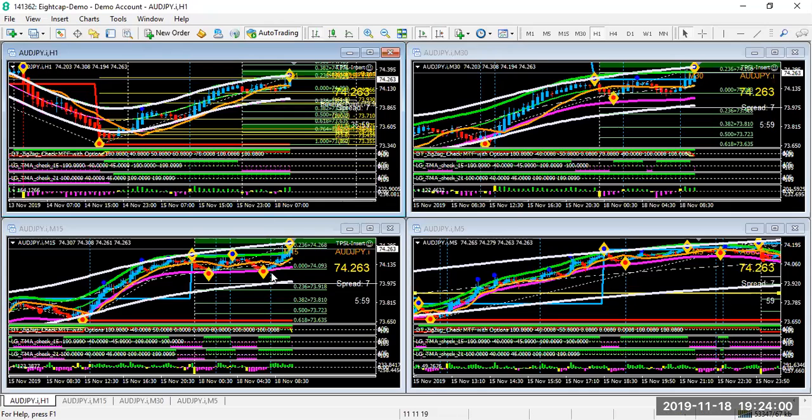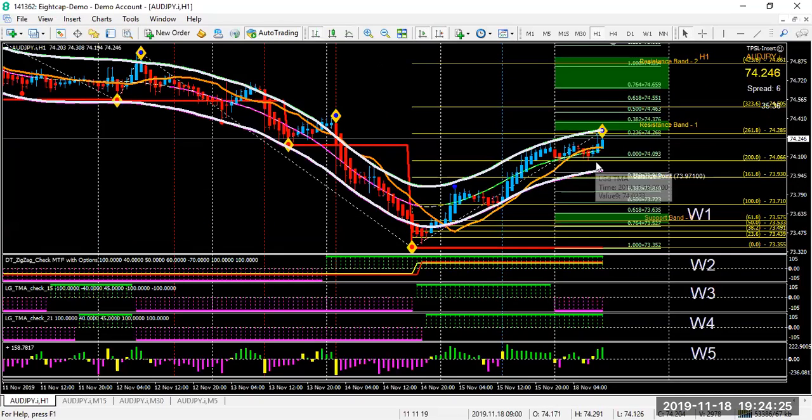But if we look down to the 15, the reason why it stopped there is because it got to the pink riverbank and it was bouncing off it. So you can actually see in our smaller time frames, our M15, M5, exactly the reason why the 1 hour stopped there. Okay, because in the 15-minute there was a diamond there.